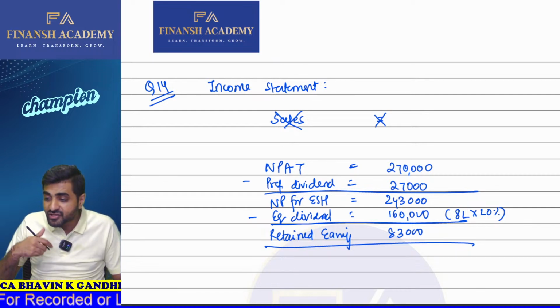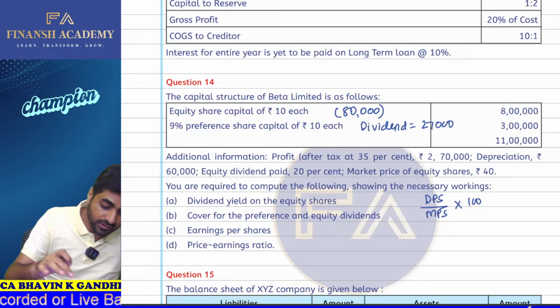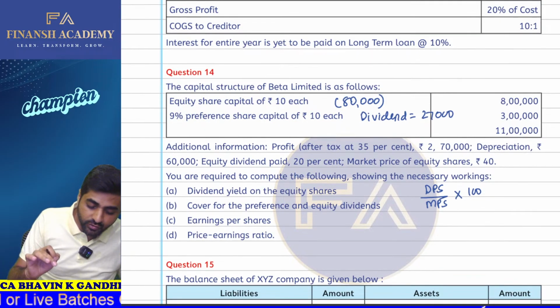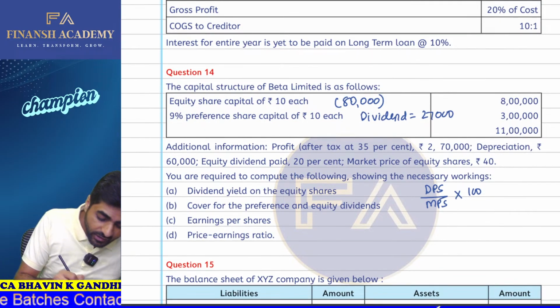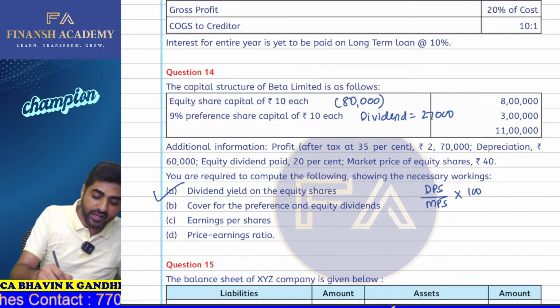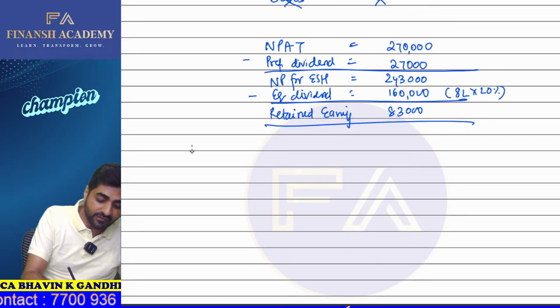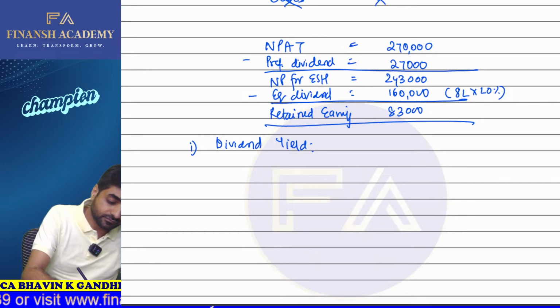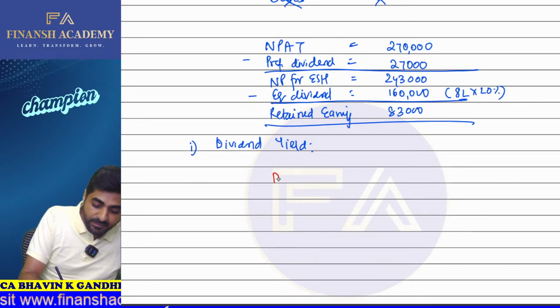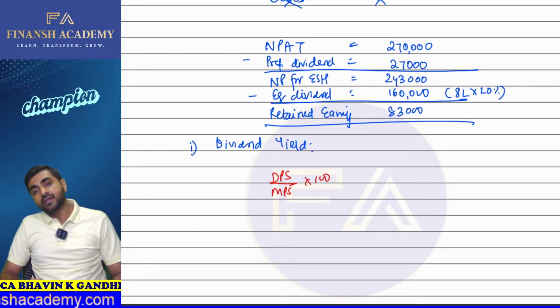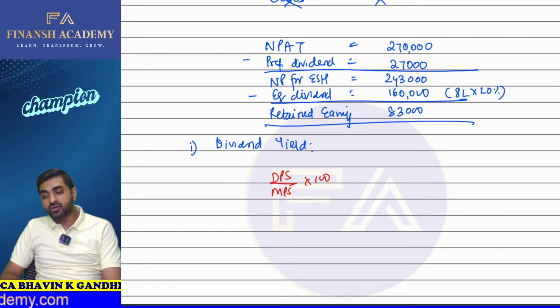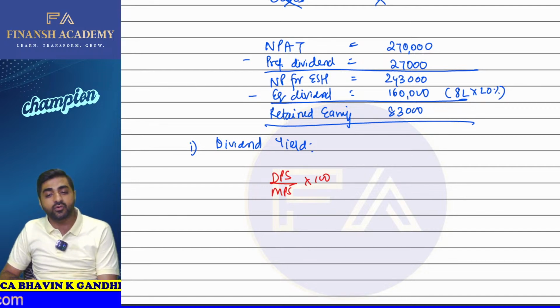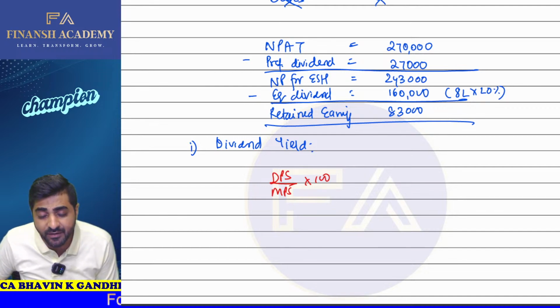Now, my dear students, continuing further, they have told you the dividend yield on the equity shares. Your dividend yield is nothing but DPS by MPS into 100. Yes or no? Yes, sir. So what is your dividend per share?